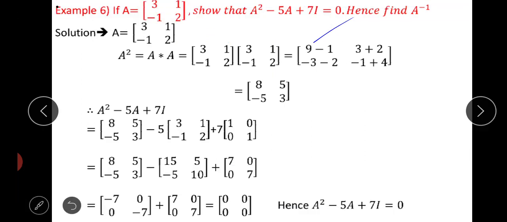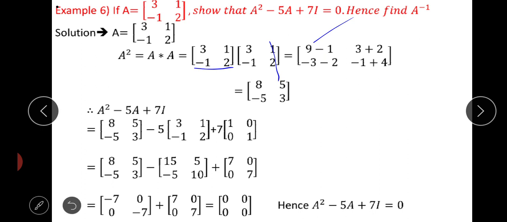Second row with first column, minus 1 into 3 is minus 3, 2 into minus 1 is minus 2. Then second row with second column, minus 1 into 1 is minus 1, 2 into 2 is 4.